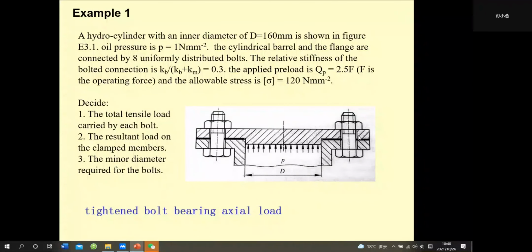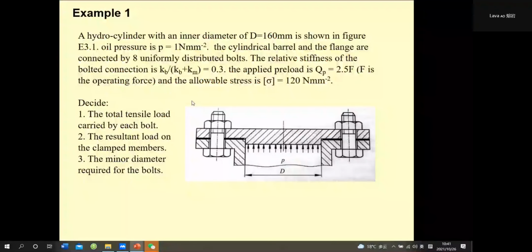The relative stiffness of the bolt connection is KB divided by KB plus KM, the same as CB divided by CB plus CM in our PPT. So the relative stiffness is 0.3.